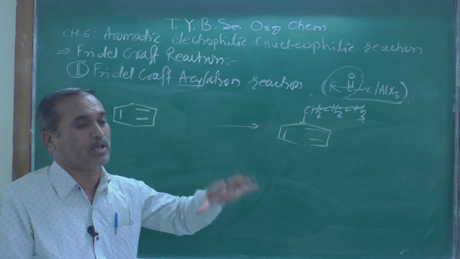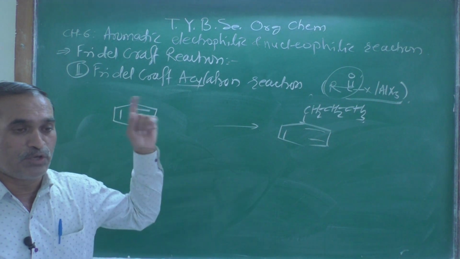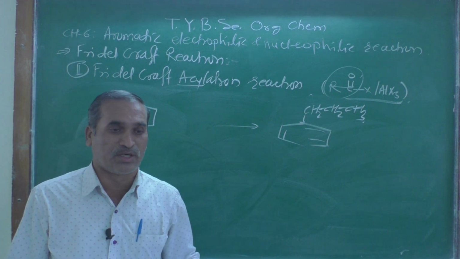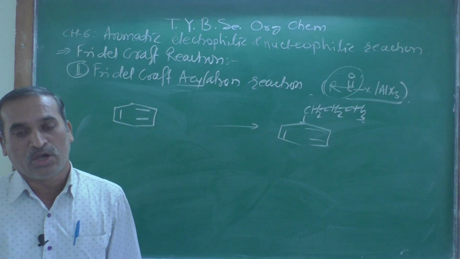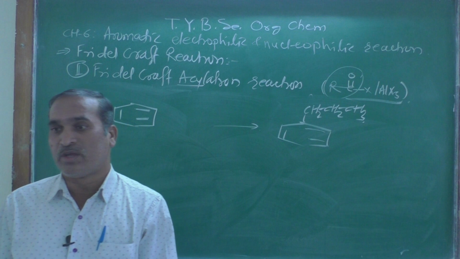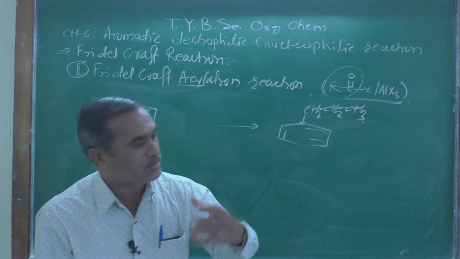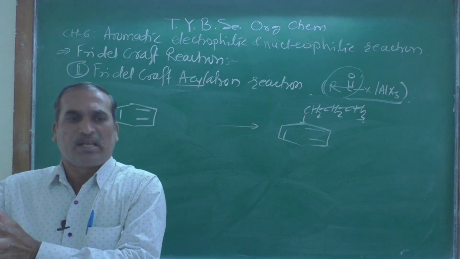We cannot prepare it by following the Friedel-Crafts alkylation reaction. If you follow that reaction, using that starting material, you will end up with the formation of cumene, which is the major product, and propyl benzene we get in very little amount.